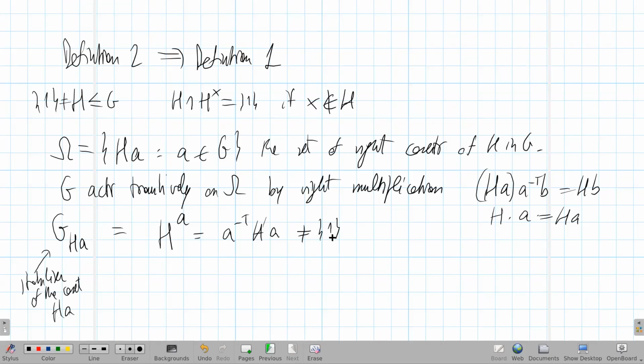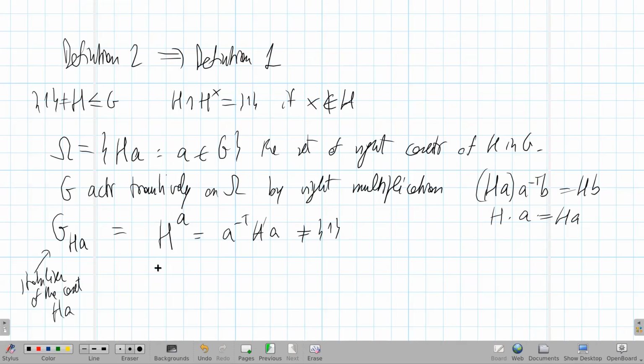The last condition I need to prove: so far G acts on omega. What is the kernel of the action?